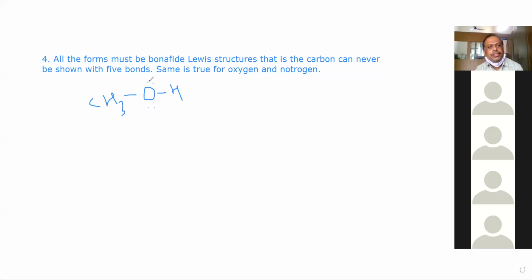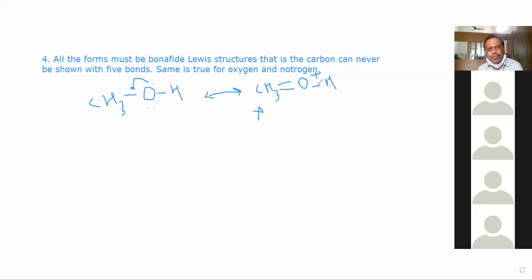If this lone pair takes part here in resonance, this is the sigma bond, and we draw the structure CH3 double bond O H. इथे कार्बनची व्हॅलेन्सी किती झाली, 3 hydrogen 4 and 5. This is not the correct feature, and oxygen valency becomes now 3: 1, 2 and 3.